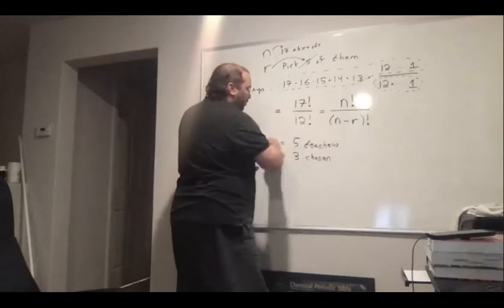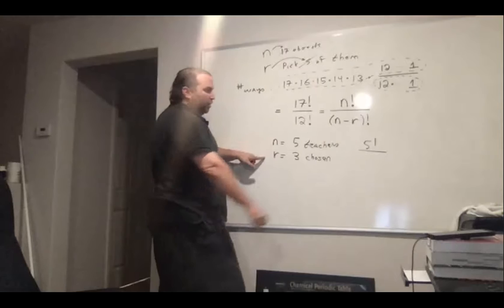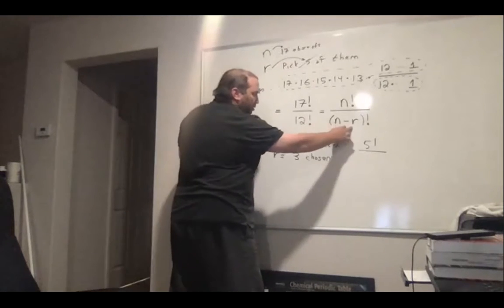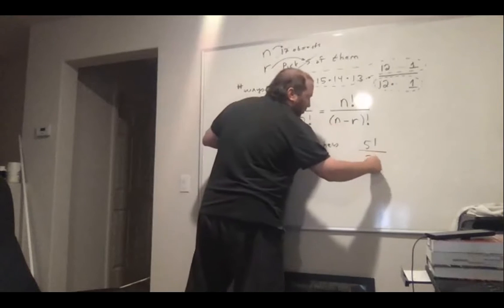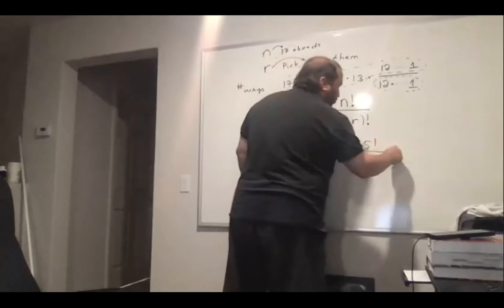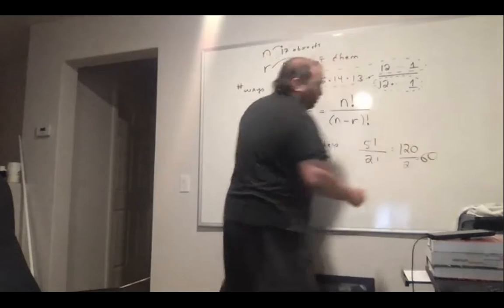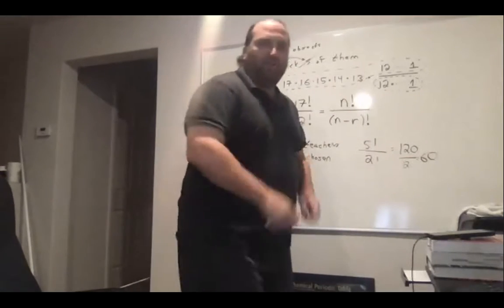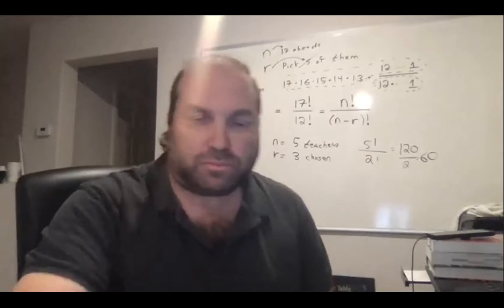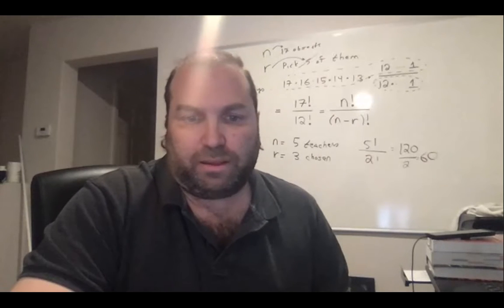Well, according to the formula, it's going to be 5 factorial, that's my n, over what factorial? 5 minus 3, or 2 factorial. Which is 120 over 2. So there's 60 ways of doing that, which is exactly what we got by doing 5 times 4 times 3. Make sense? Yeah.